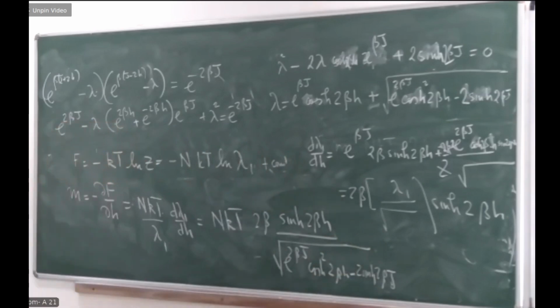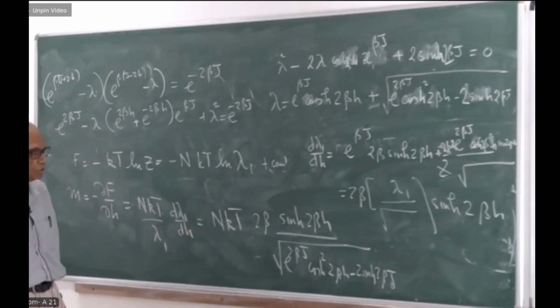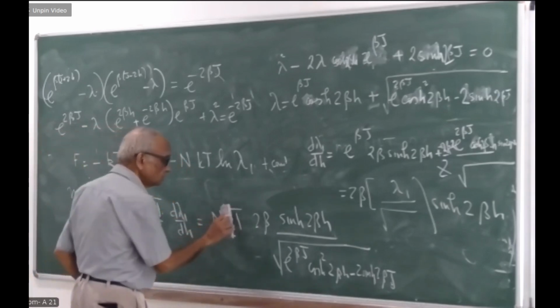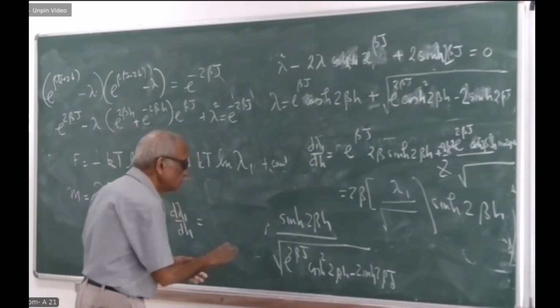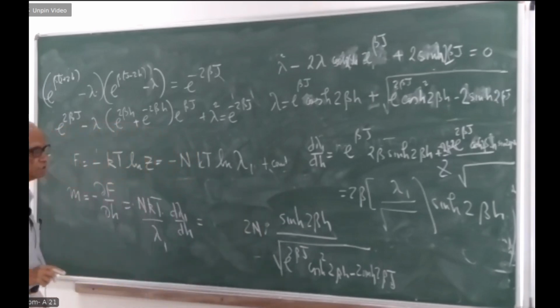Good. So m is equal to minus del f del h, is this quantity over here. The beta cancels out this, so this is out, and you just have 2n. So beta n, 1 over kT cancels out.